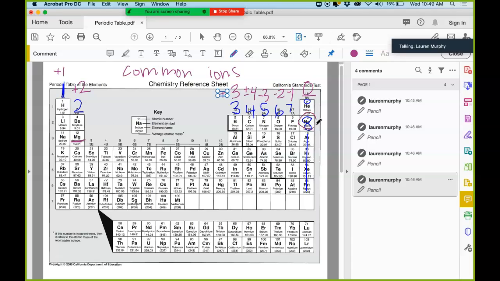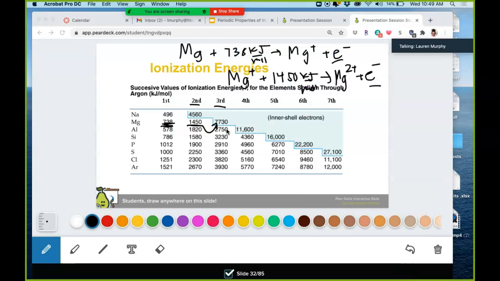It becomes isoelectronic with neon, meaning it's smaller, it has a full valence shell, it doesn't want to give you any more electrons. I mean, you can, but you're going to have to pay the price and put a ton of energy in it. So magnesium experiences a jump on the removal of the third electron. So the jump is between the second and the third ionization energies.